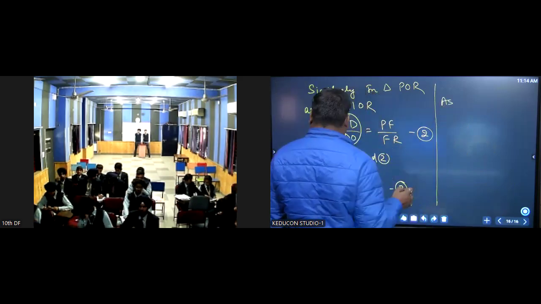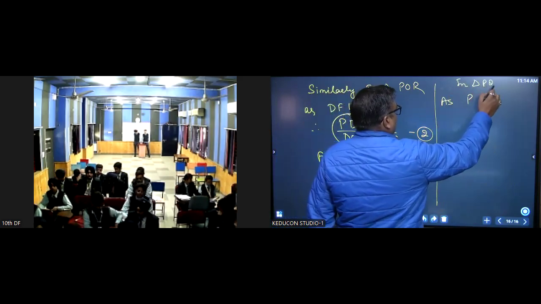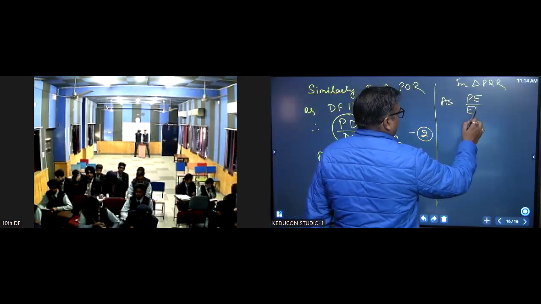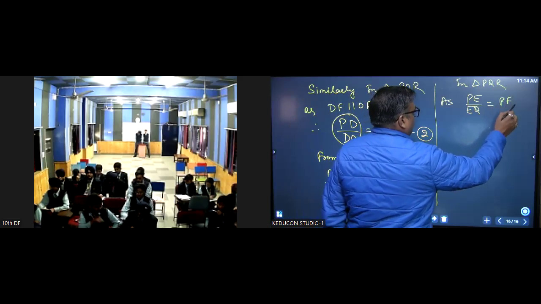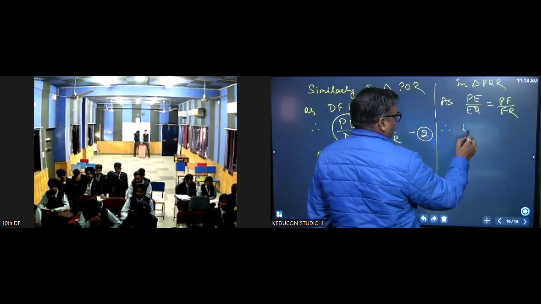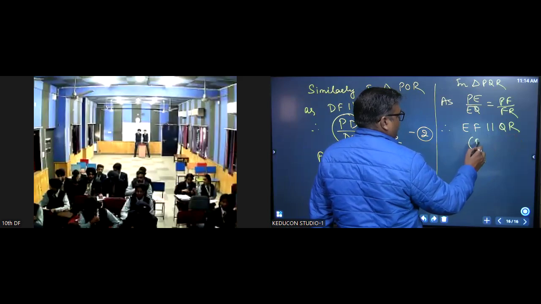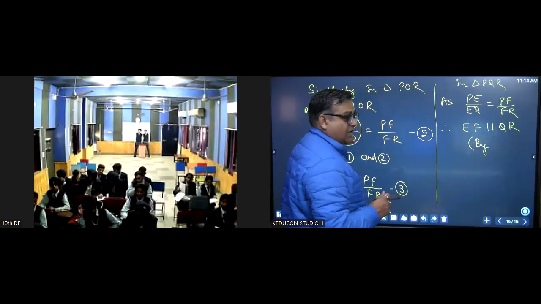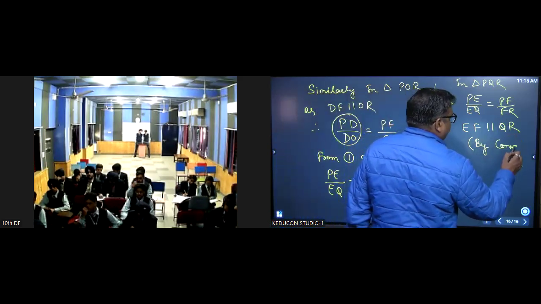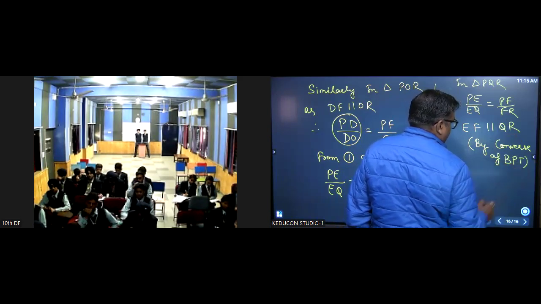As in triangle PQR, PE upon EQ is equal to PF upon FR, therefore EF will be parallel to QR. ब्रैकेट में क्या लिखेंगे? By converse of BPT. ठीक है बच्चों, और यही प्रूव करना था हमें. Hence proved.